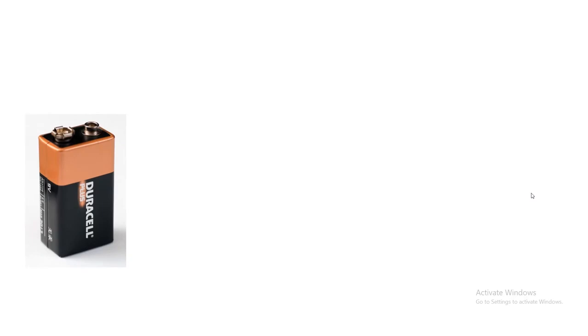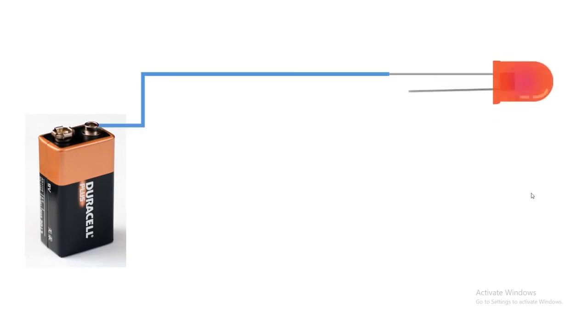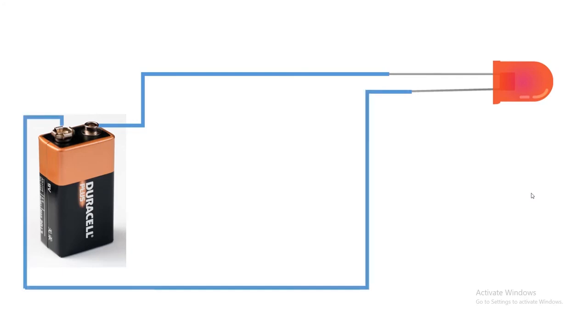You can see here, this is a battery and this is an LED. We connect the positive side to the positive side of the LED and the negative side to the negative. Here, the voltage of this battery is 9 volt. We are controlling this voltage through the resistor. The extra voltage we are trying to drop through the resistor. But in some cases, when the voltage becomes high, there is a chance to damage the LED.